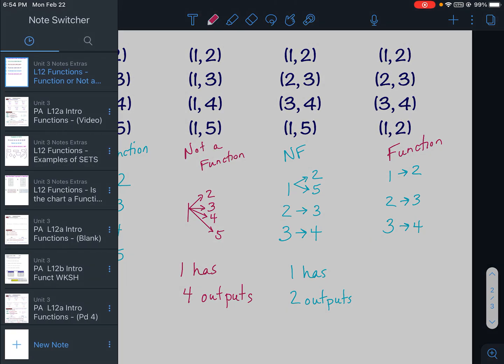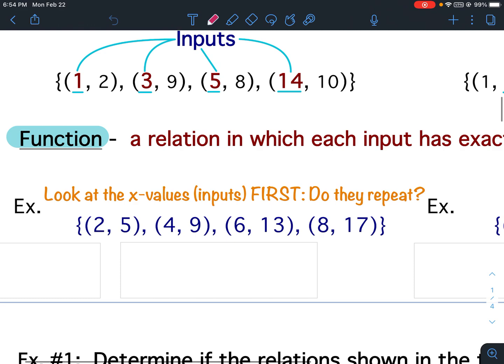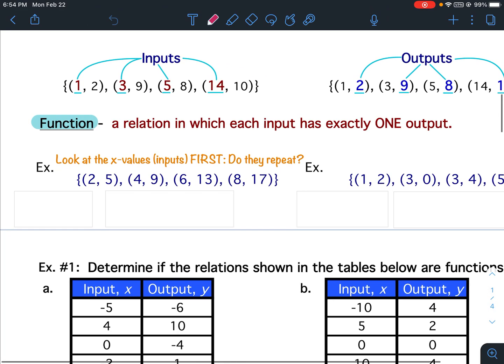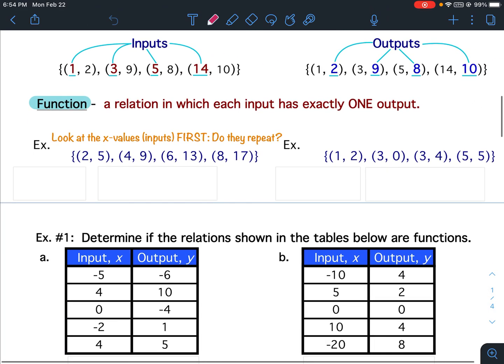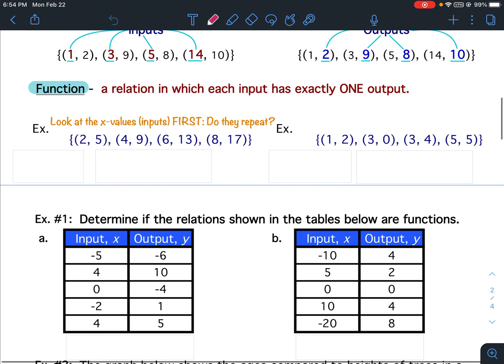Let's go back to the notes. So for the notes, let's look at these 2 examples. All right, so again, you want to look at your x values first. In this first example right here, look at your x values. Do your x values repeat? I've got 2, 4, 6, and 8. Do they repeat?